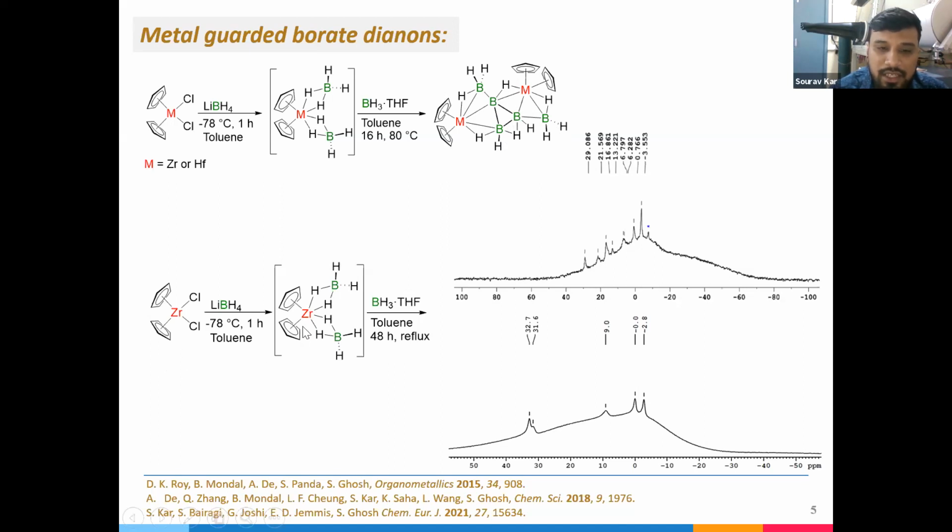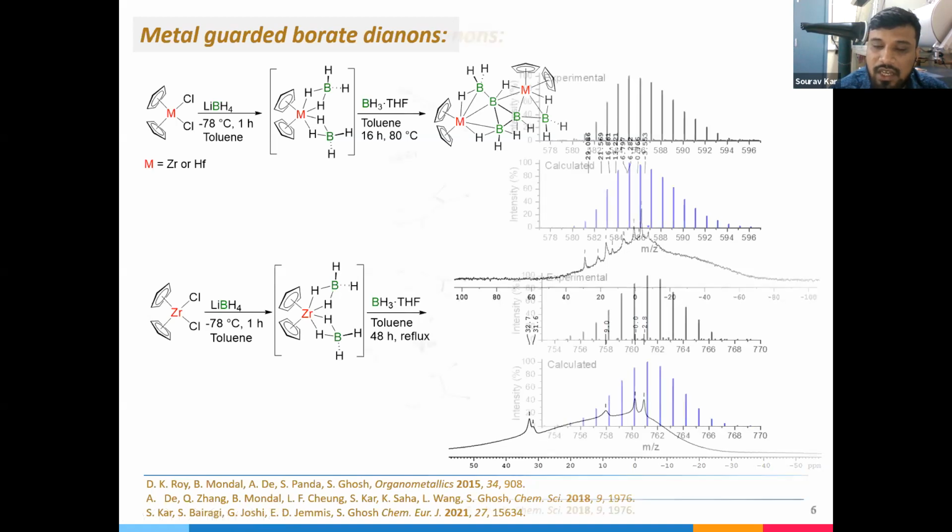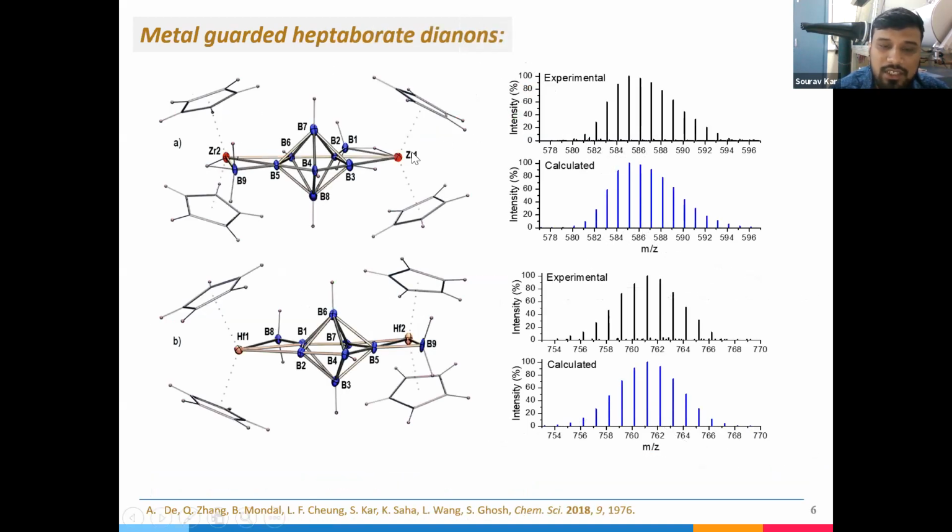After getting this B3 unit, we thought, why not a higher boron cage? So we varied the reaction conditions, and the same reaction was carried out under reflux and for a longer time, which led to the isolation of two more compounds. Here you can see the NMR of these two compounds. One compound has 8 boron peaks in the 11B NMR spectra, whereas the other compound has 5 boron peaks. We characterized the compound which has 8 11B peaks with other spectroscopic details such as mass, IR, and finally with an X-ray crystallographic study.